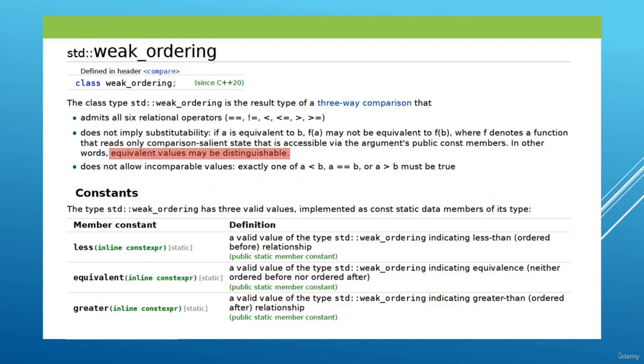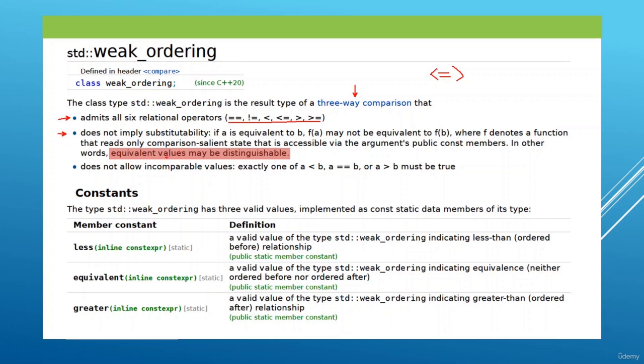Let's look at what the official documentation has to say about this. Weak ordering is a class type, which is usually the result type of a three-way comparison. So we can get this if we compare things using the three-way comparison operator, and it is this operator that we just learned about in this lecture here. This operator can also be used by the compiler to give us all the 6 operators here, but this operator supports equivalence.